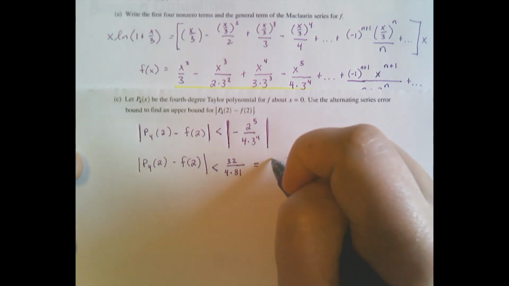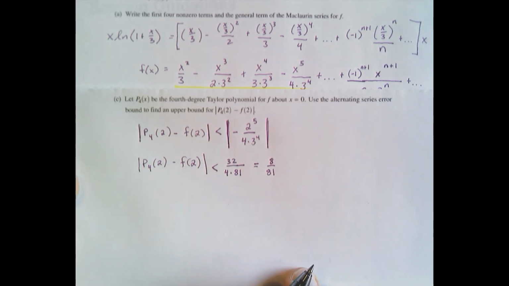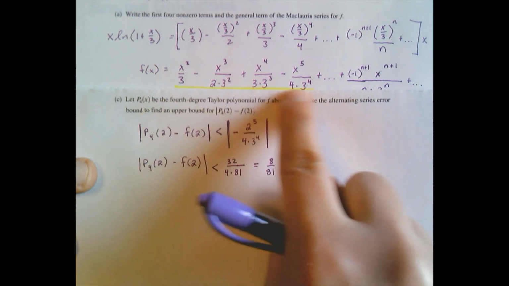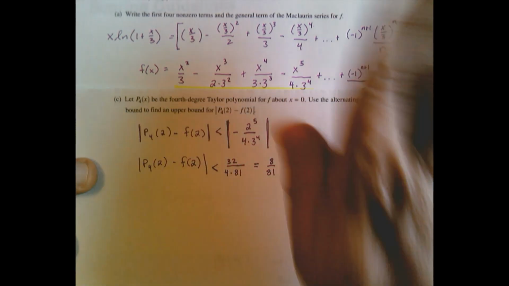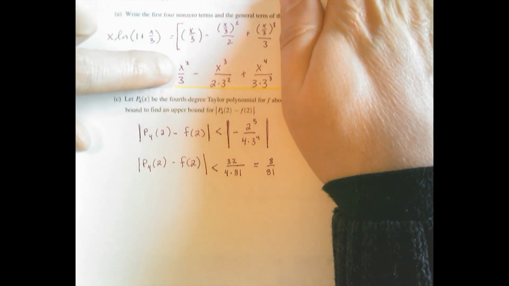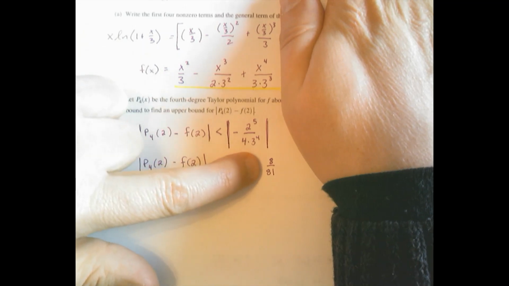Which if we reduce that, we get 8/81ths. So the upper bound for the error of the 4th degree Taylor polynomial, centered at 0, is 8/81ths. So if we take this function and evaluate it at 2, we are going to be within 8/81ths of the value of the infinite series.